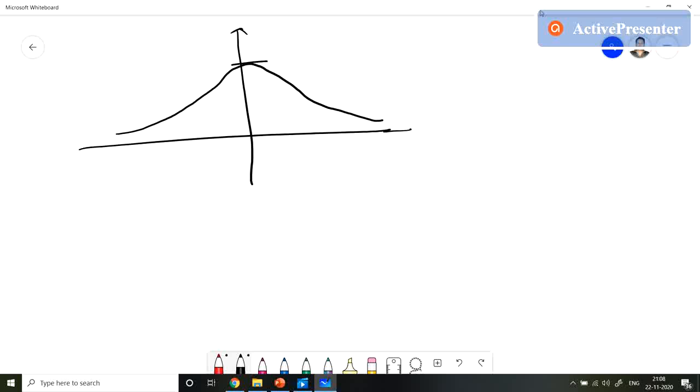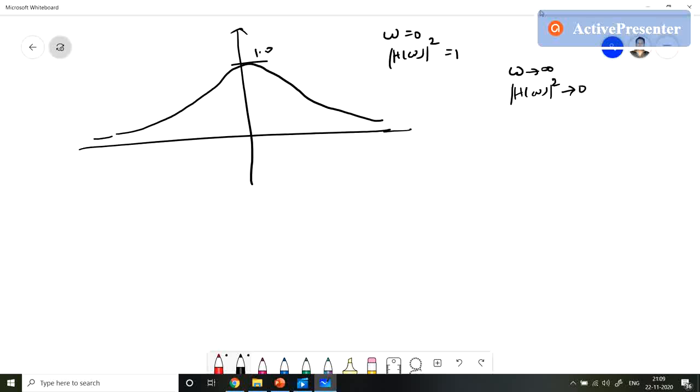So we have 1 at that point, that is the peak value. When omega is equal to 0, the modulus of H(omega) squared is equal to 1. And when omega tends to infinity, the modulus of H(omega) squared tends to 0.